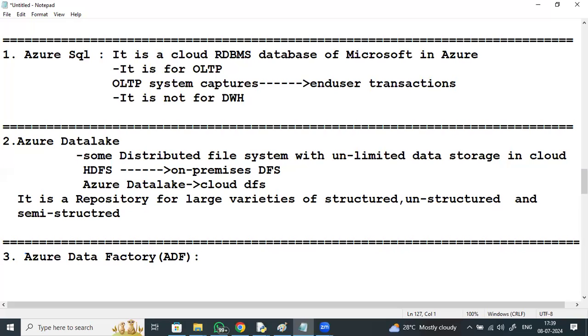Simply saying, Azure Data Factory is a cloud ETL of Microsoft in the Azure Cloud Platform.